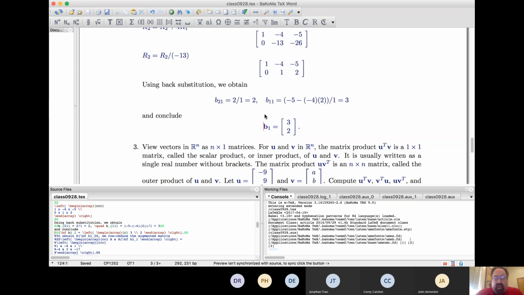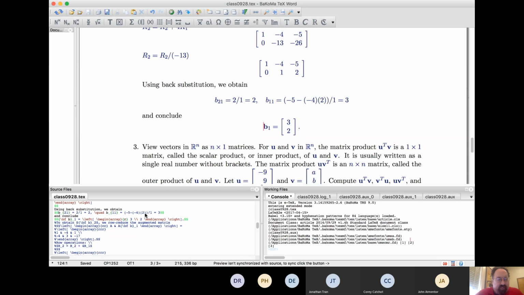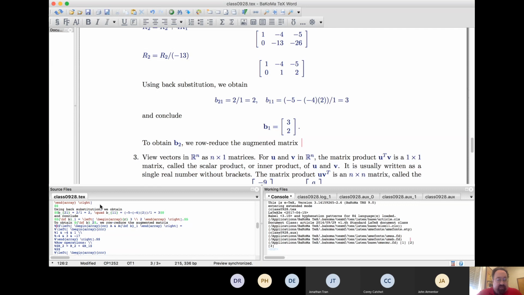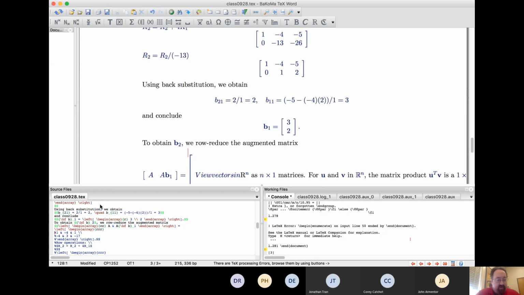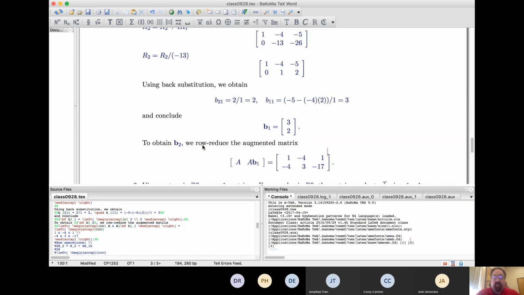Now, I just have to repeat the process for the second column. And all of that's going to work out the same. Only this last column of the augmented matrix has changed. Sorry, that should be AB2.